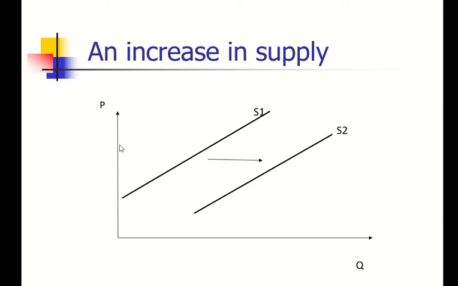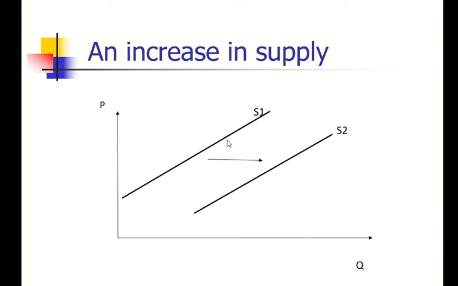Hold the price constant at any level you want. You find that at each price level, with the rightward shift like this, the quantity supply on the new curve is always larger than the old curve.